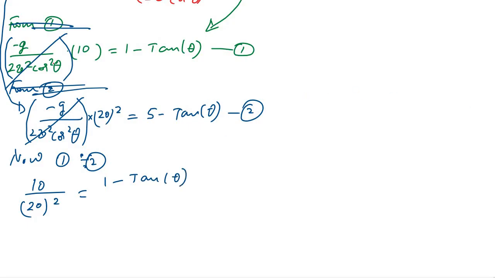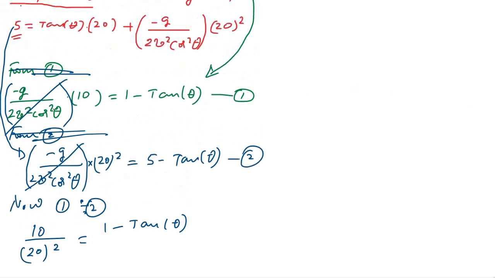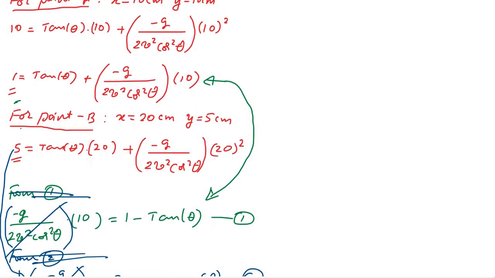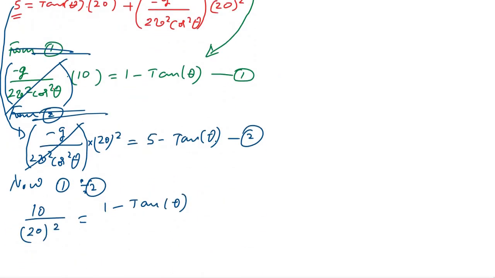Somewhere I lost one thing, I think. Yes, of course, 20. I missed the 20 here. It should be written 20. So divided by 5 minus tan theta into 20. So now it is right. I forgot to write the 20 here in the second equation.